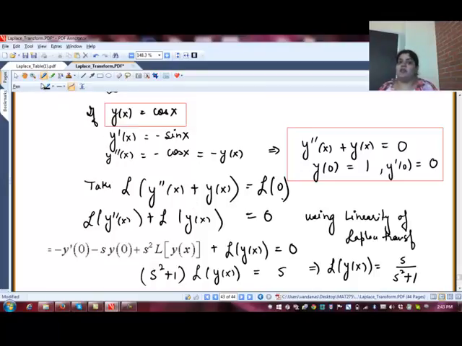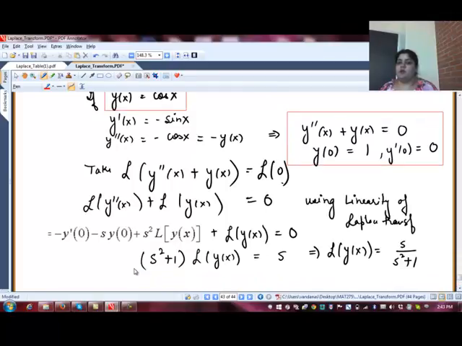But what is very important to note at this point is this: the coefficient of the Laplace transform of y x is s square plus 1. What is the connection of this coefficient with the differential equation? Or something which you have learned before.